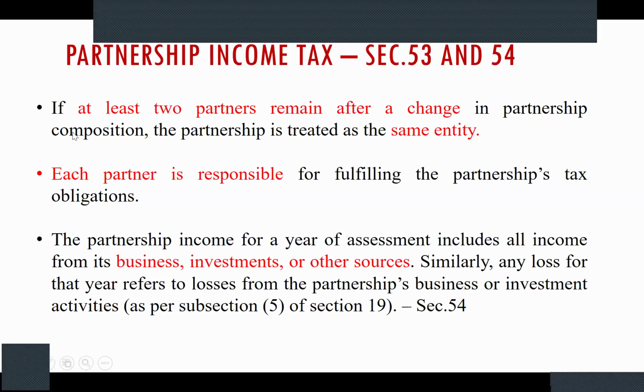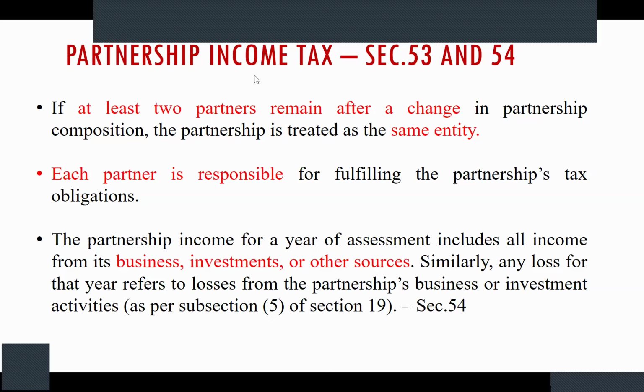It says, if at least two partners remain after a change, that means there may be some changes in the partnership. Sometimes when they are forming their partnership, there may be four partners. But after several years, they can change their partnership. Sometimes they can remove 3 of the partners out of that 4, or sometimes 2 of the partners.